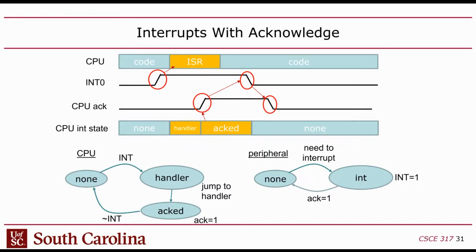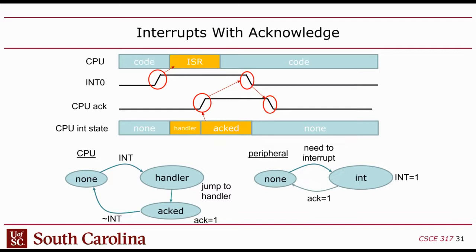Now I have these two little state machines down at the bottom of the slide that indicate the very simple state sequence. The CPU would be in a none state, meaning it's not doing anything. If it gets an interrupt, it would go to the handler state, where it would jump to the handler, and then it would go to the acknowledged state, where it would raise the acknowledged flag, and it would stay there until the peripheral acknowledges the acknowledgement by dropping its interrupt request.